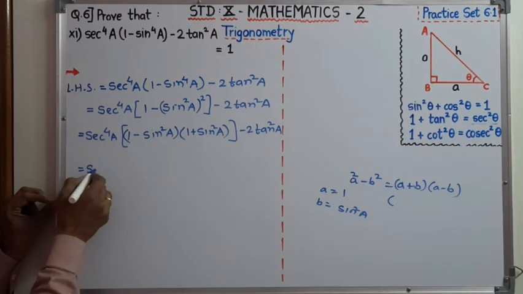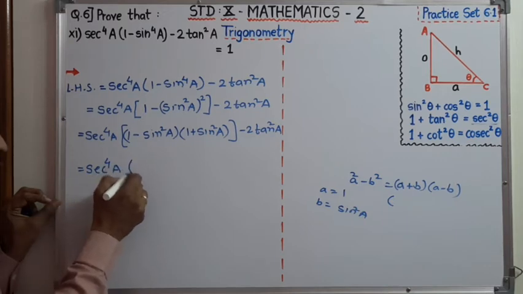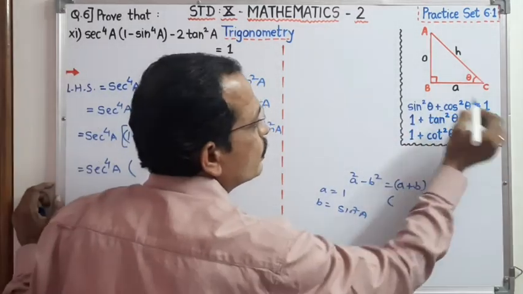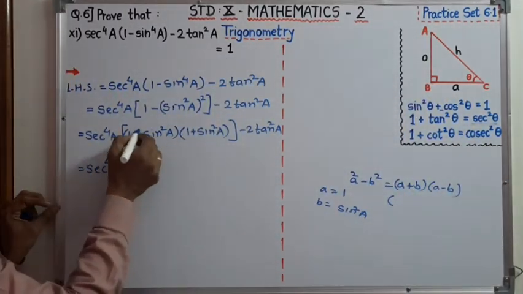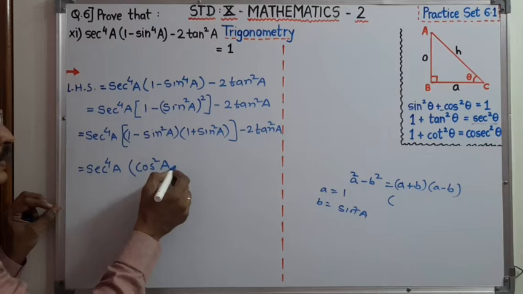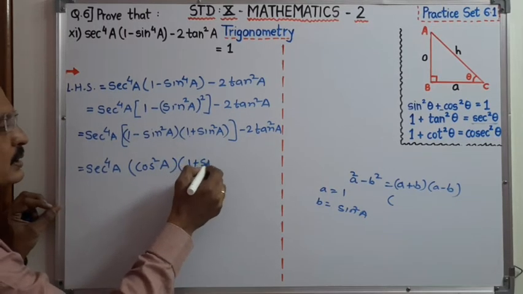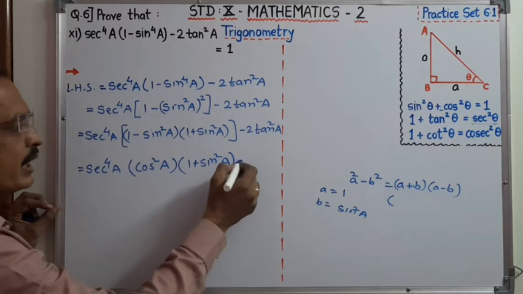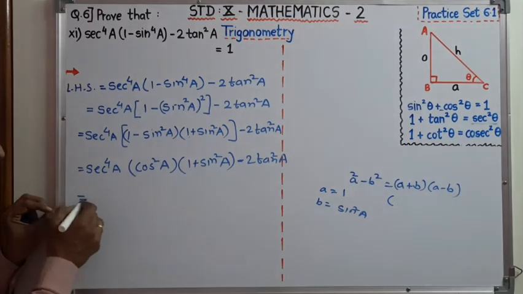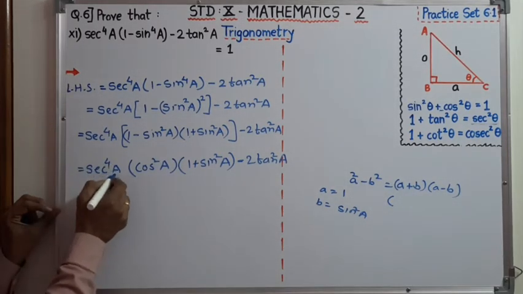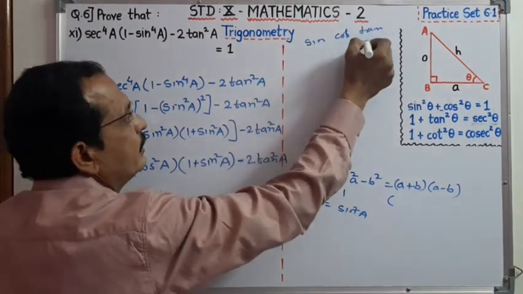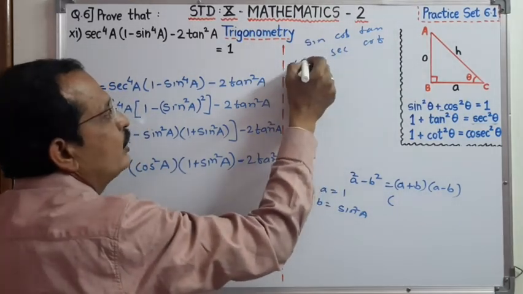Now dear student, see, it is sec^4 A into this (1 − sin^2 A). 1 minus sin^2 A is equal to cos^2 A. Therefore, instead of this, we can write here cos^2 A into (1 + sin^2 A) as it is, minus 2 tan^2 A. Now see, we know sine, cos and tan, and here we write cot, sec and cosec.